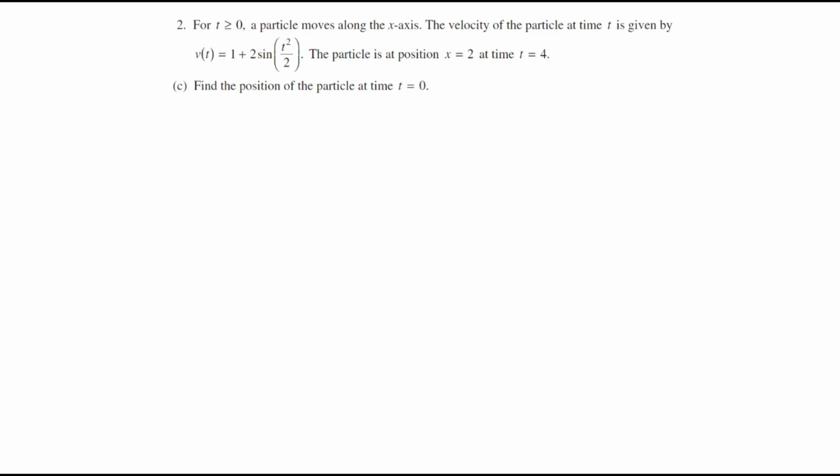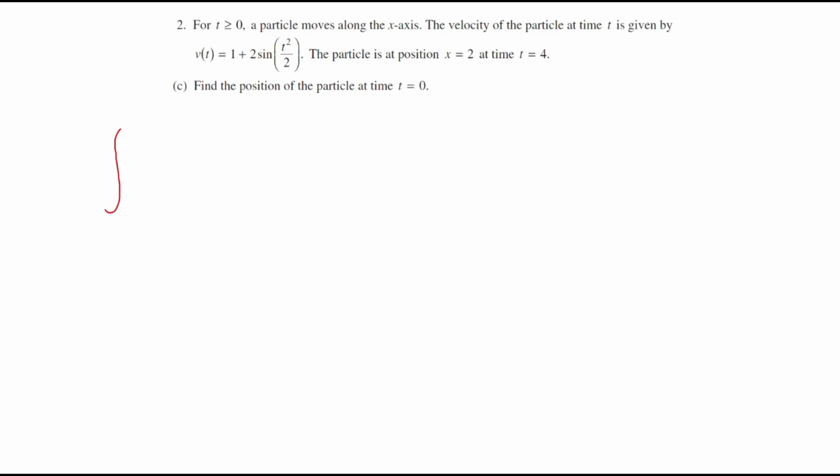For part C, it wants us to find the position of the particle at t equals 0. And we're given its position is x equals 2 when t is 4. Well, we know that we should be able to find the displacement of the particle. And we can even do this going backwards.